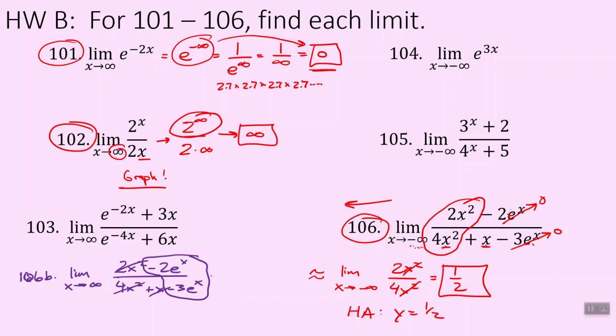So this is essentially equal to the limit as x goes to infinity of negative 2e to the x over minus 3e to the x. The e's are going to cancel out, and the negatives are going to cancel out. We get 2/3. So we're going to get a horizontal asymptote of y equals 2/3 as x goes to infinity, and this one was as x goes to negative infinity. So that's how we can differentiate which horizontal asymptote is which.